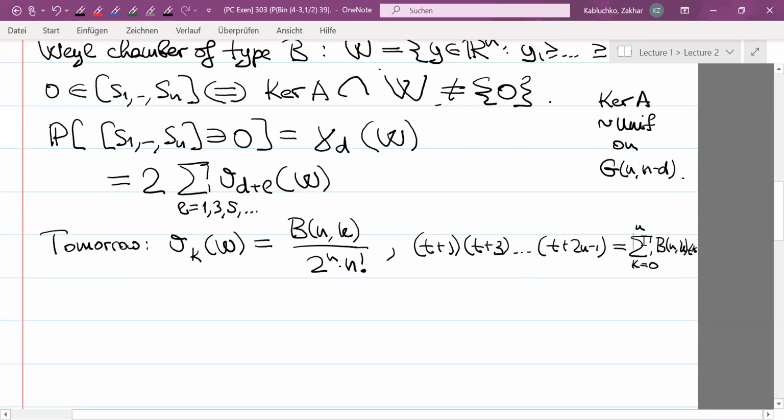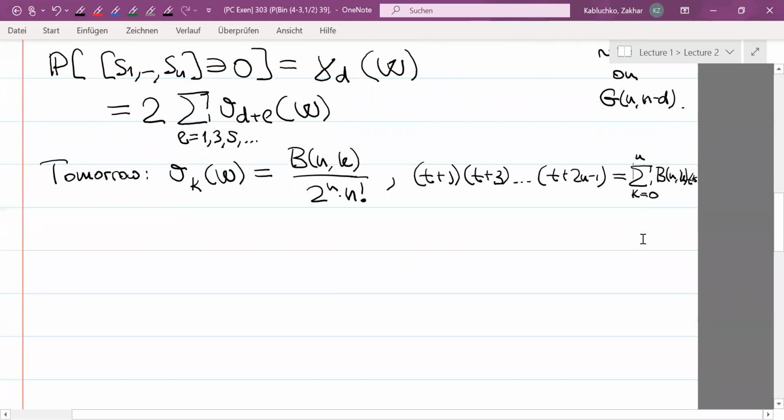Now there are 10 minutes left, or less than 10 minutes left, right? And I consider the last example, or at least I try to start it. It is due to Affentranger and Schneider.